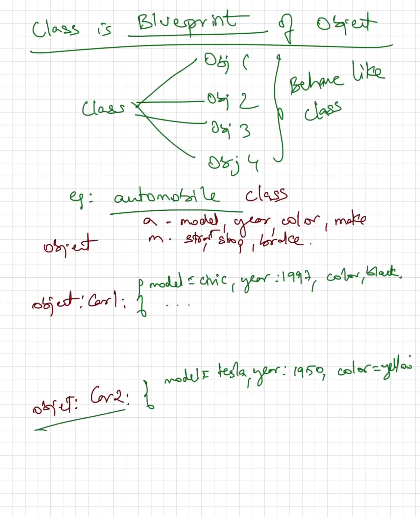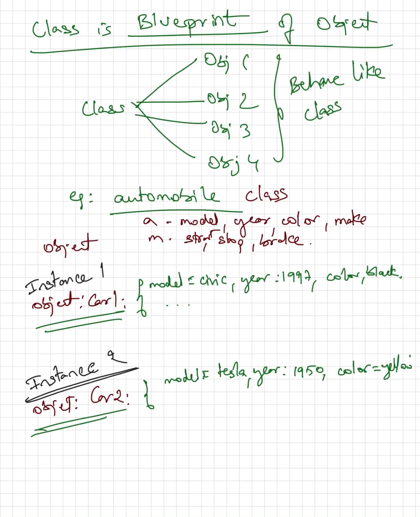Now car1 and car2 are objects, but there is also another word for them, called instance. So this is instance 1, this is instance 2.